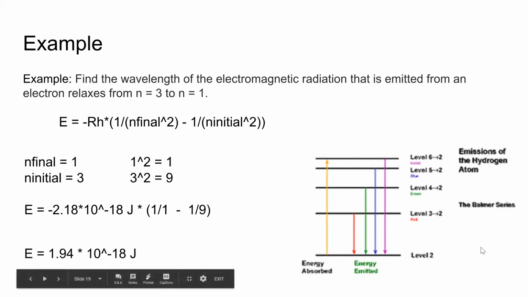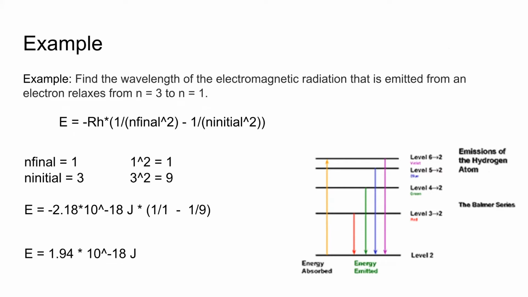Now, since it says emitted, what would be the sign of energy? When an electron emits energy, the sign on energy must be negative, because the electron is moving from a high energy level, n equals 3, to a lower energy level, n equals 1.